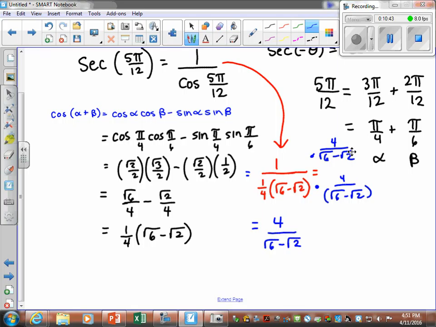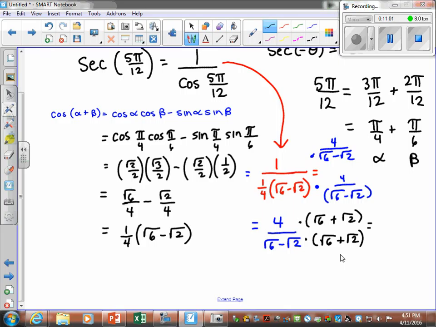Now right here, if we want to get rid of these radicals, we can still do some more algebra and multiply both by the square root of 6 plus the square root of 2. Whatever you do in the denominator, do in the numerator as well. So there's just a lot of algebra simplification in this problem.